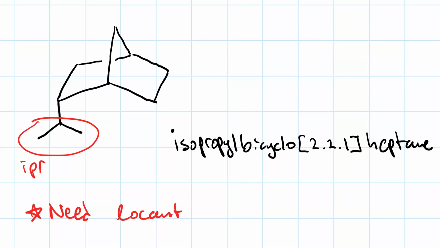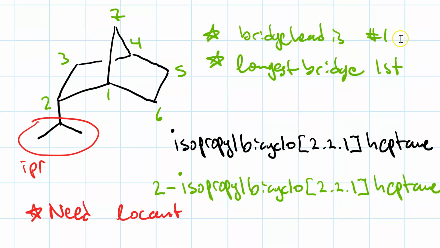Hence, we're going to call this number 1, this is 2, 3, 4, 5, 6, and 7. So, this becomes 2-isopropylbicyclo 2.2.1 heptane. So again, remember, one of your 2 bridgehead carbons is number 1, and then you go through the longest bridge first.